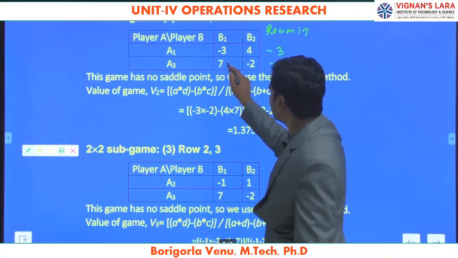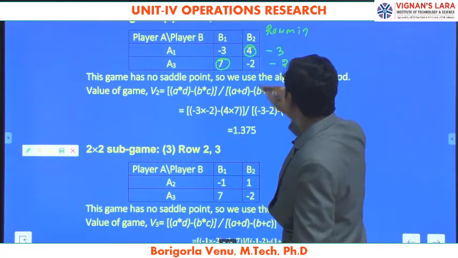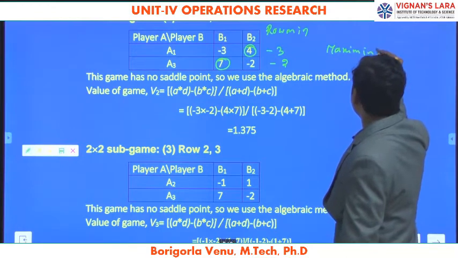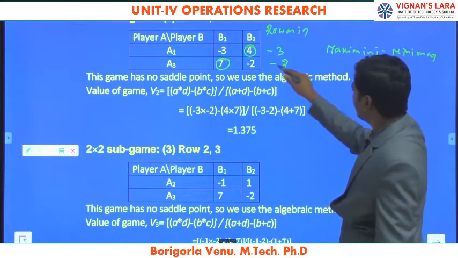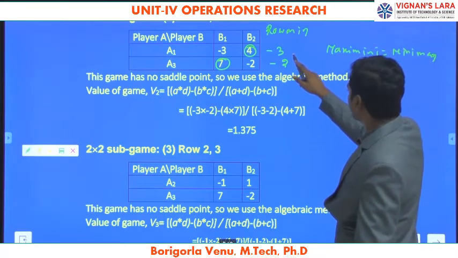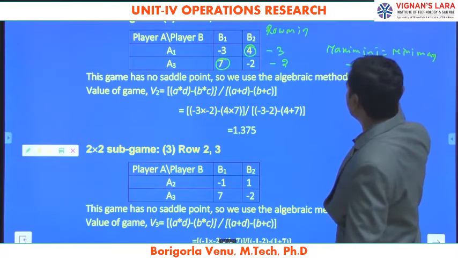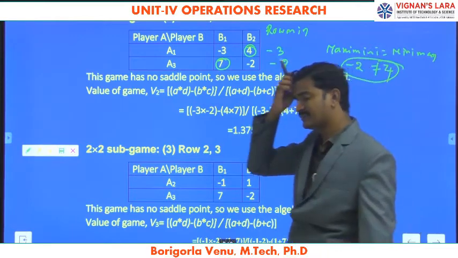The column maximums are 7 and 4. Here the maximin is minus 2 and the minimax is 4, so they are not equal. So the saddle point doesn't exist.